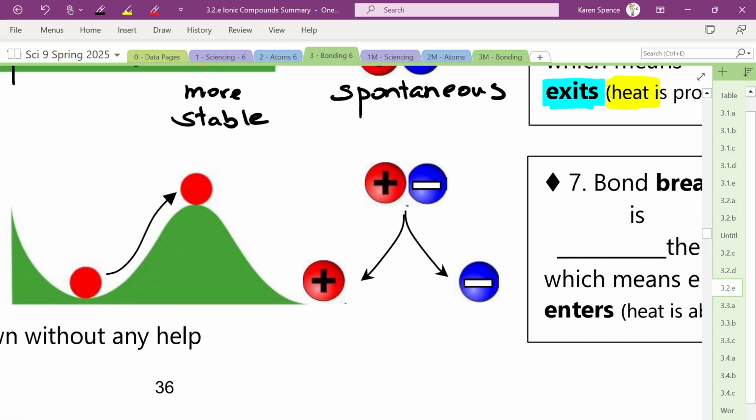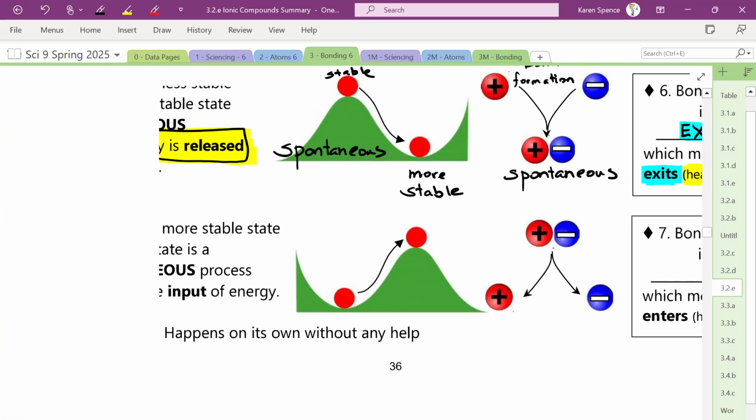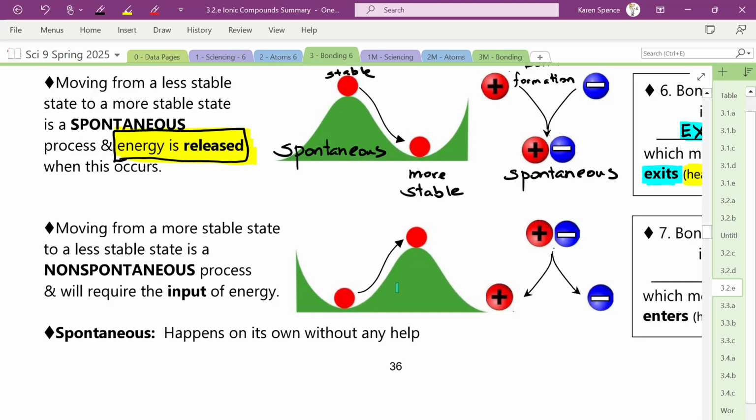Now, just like if we have to roll the ball to the top of the hill, this is non-spontaneous. We have to put energy in. It requires the input of energy.